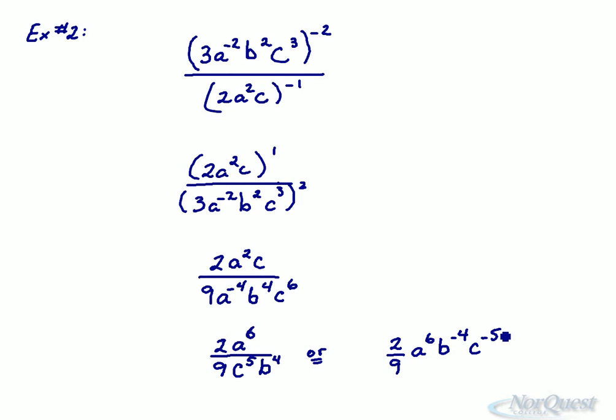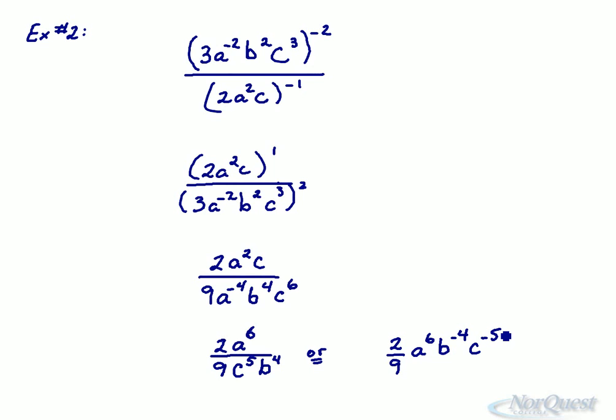And it's really important to get the hang of that. Sometimes you'll want to write expressions with no variables in the denominator. Sometimes they'll ask you to write expressions with positive exponents. So depending on how you're being asked to write your answer, you need to know both ways to do this.